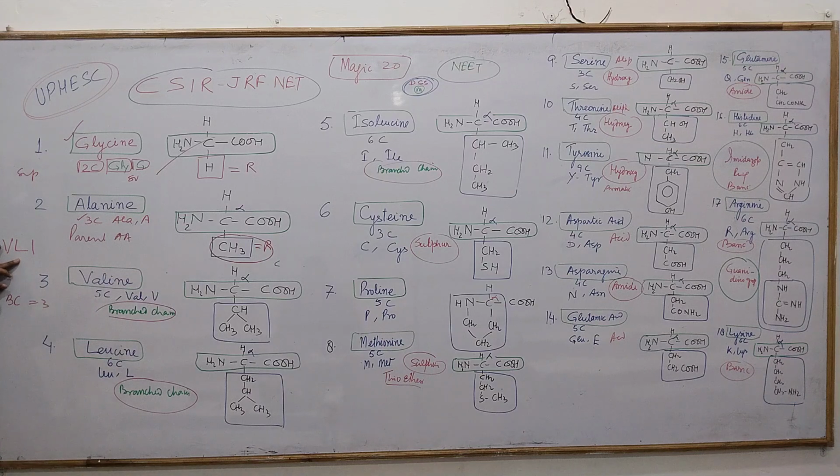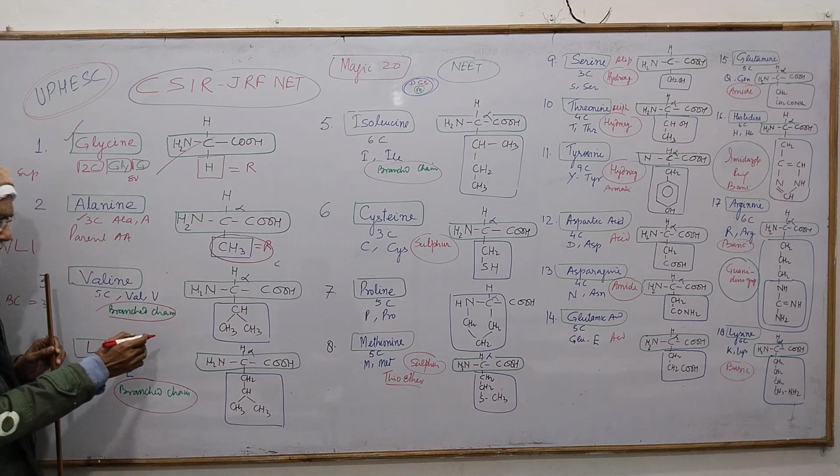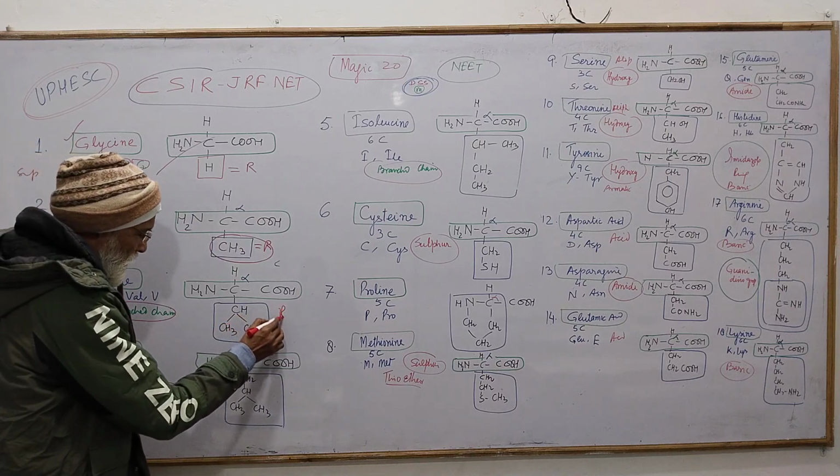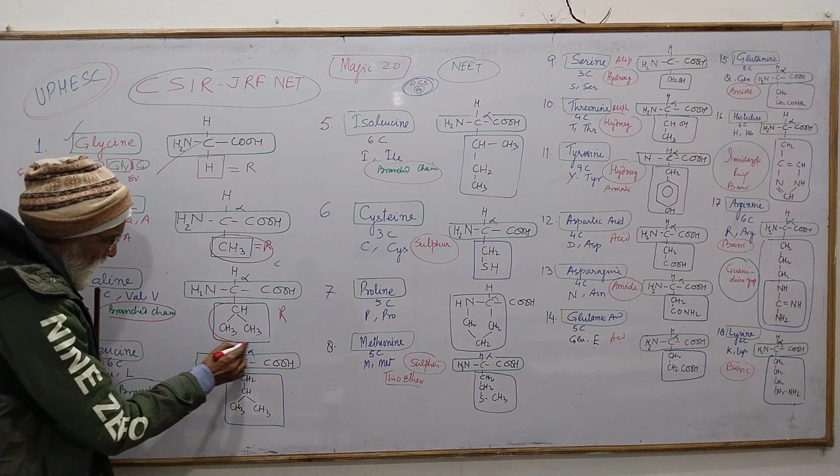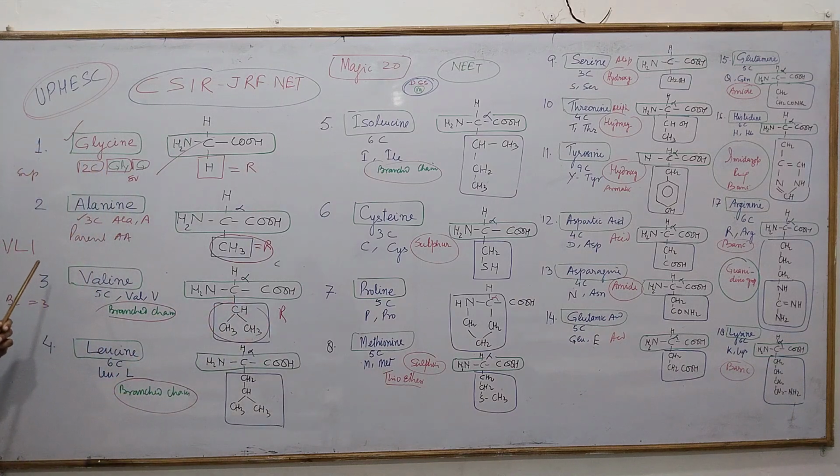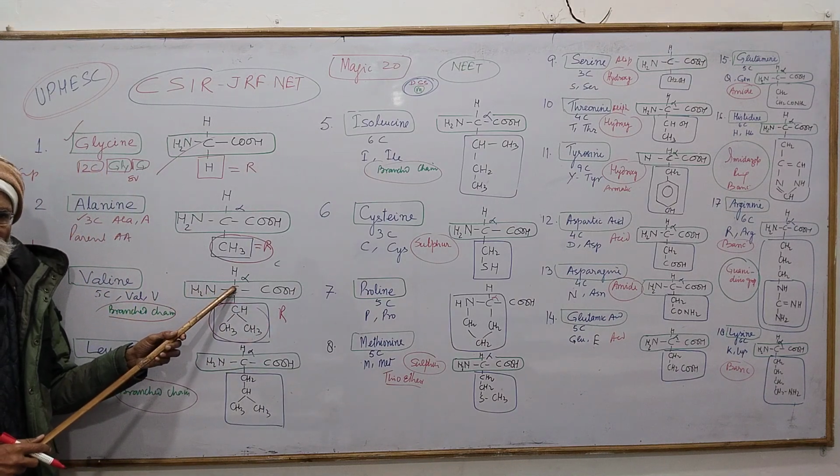Valine, leucine and isoleucine are the 3 aliphatic branched chain amino acids. Now see one by one. Valine contains 5 carbon atoms, while leucine and isoleucine contain 6 carbon atoms. In valine the R group is represented by isopropyl, attached to the alpha carbon atom.